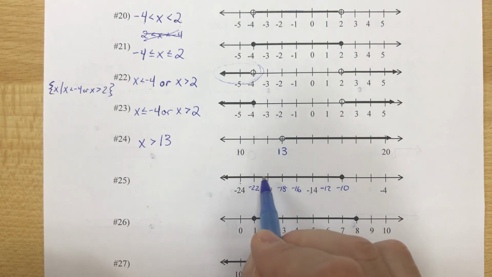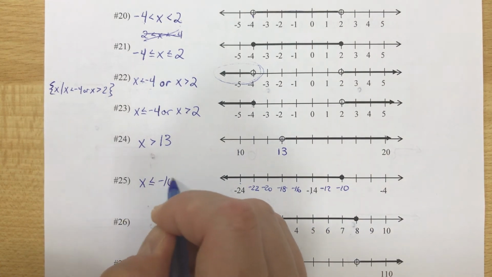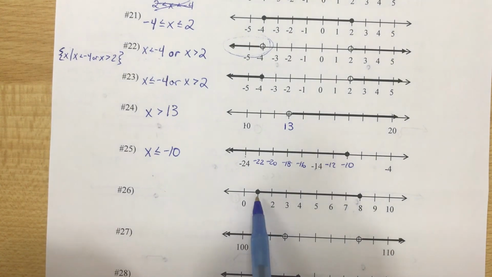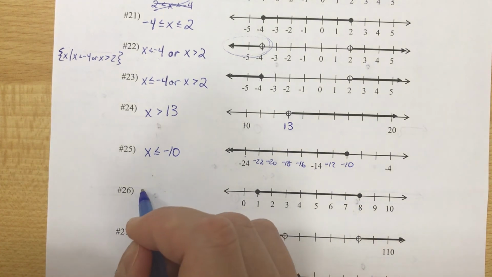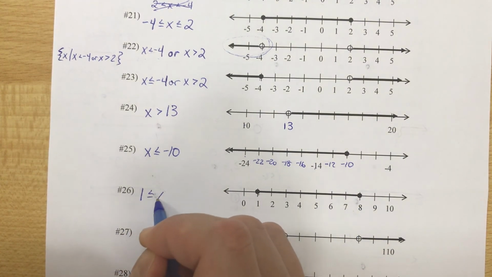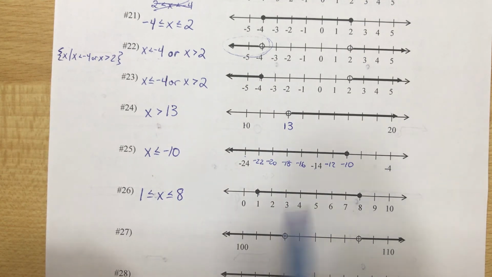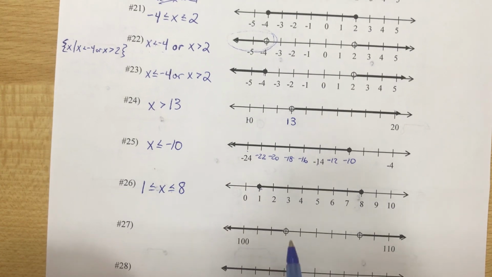This is less than or equal to negative 10. X is less than or equal to negative 10. 26, we're shading between. This is 1 and 8, so we can say 1 less than or equal to x less than or equal to 8. They're both closed, so I have to put the equal to part.